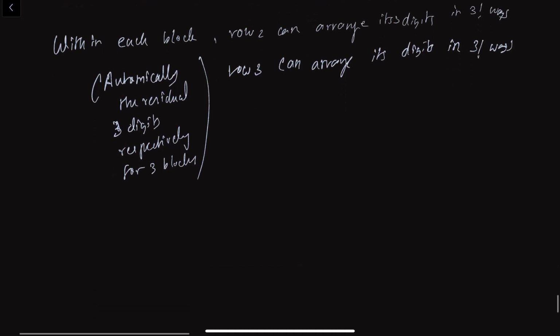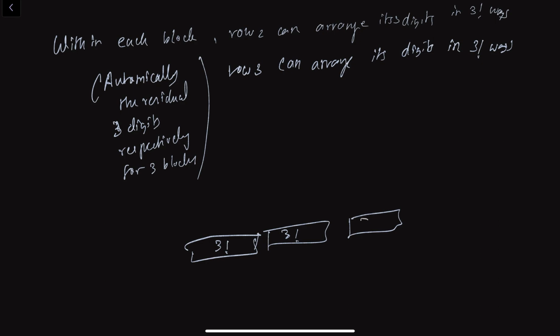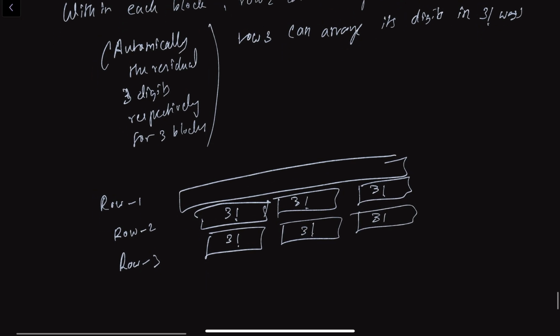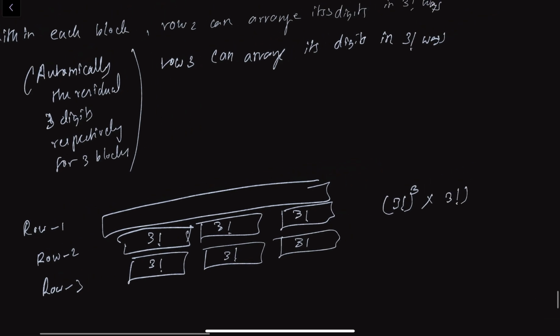So for each block, for row 3, here we have 3 factorial and 3 factorial. Row 1 we already arranged, so we don't have to worry. Row 2 we are arranging in 3 factorial, and the same way row 3 also in 3 factorial. So that means 3 factorial whole cube into 3 factorial whole cube, which is 6 cube into 6 cube, which is 6 to the power 6.